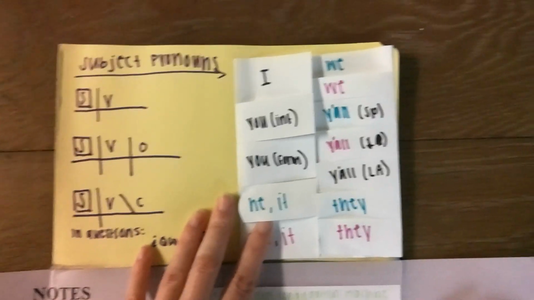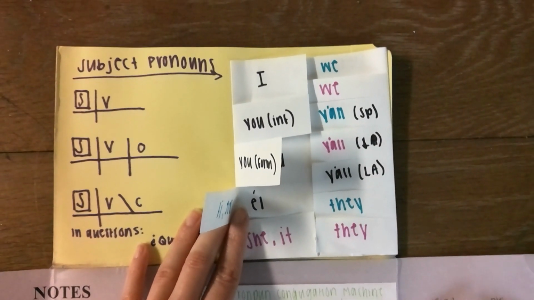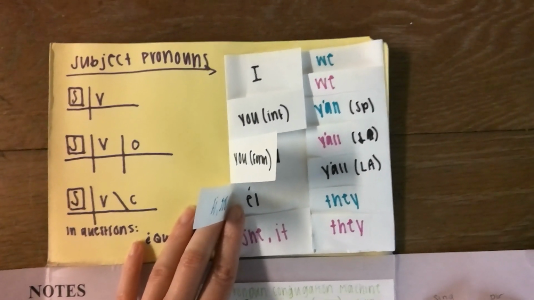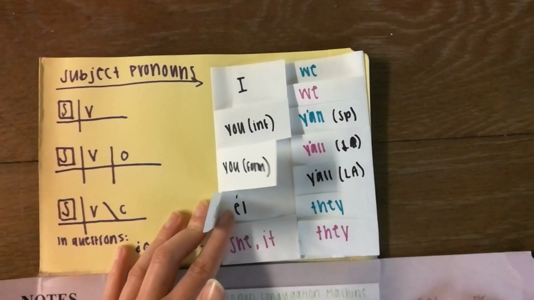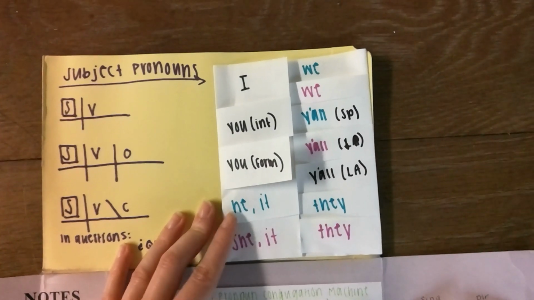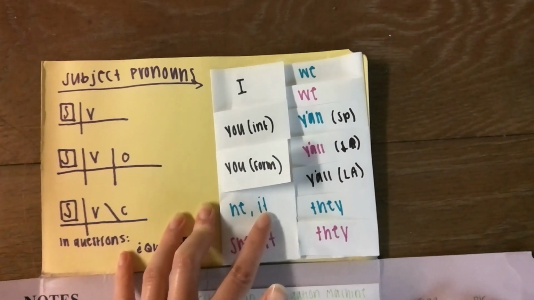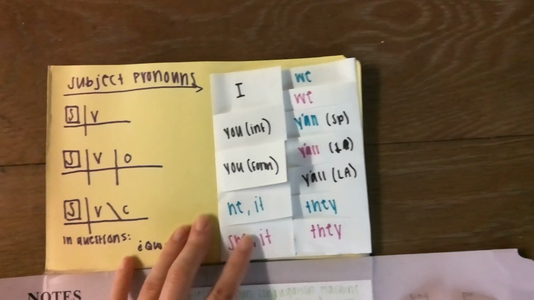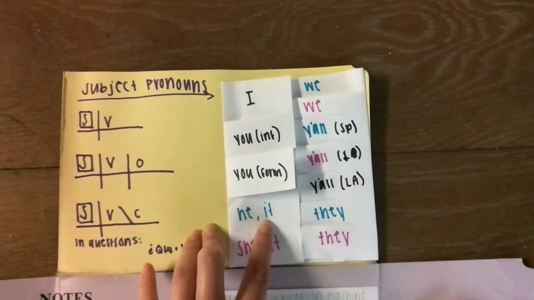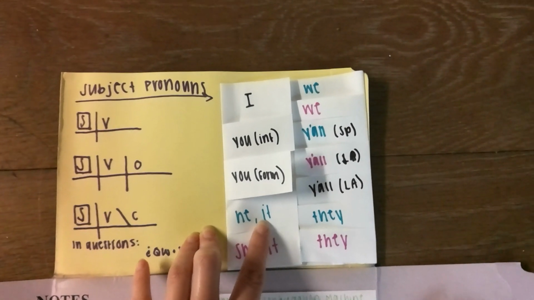Okay, he and it is él. Remember, we have gender in every noun in Spanish, so we will use él for both people and objects. So we know whether we're going to use él for it if it's a masculine noun that we're referring to, such as el lápiz or el escritorio.